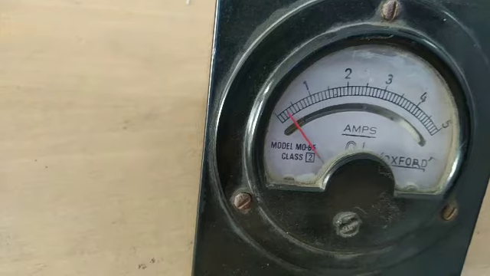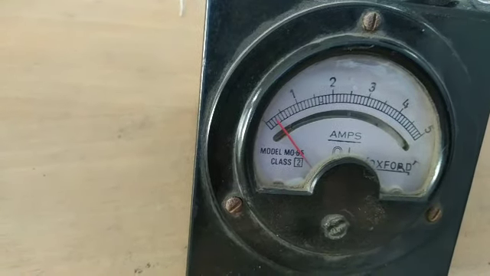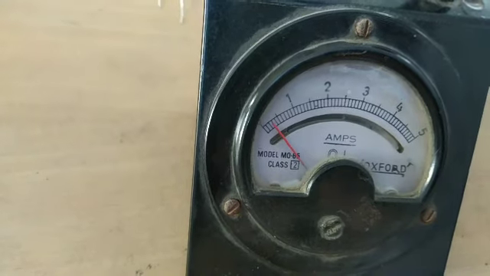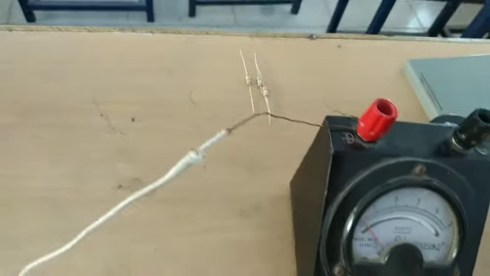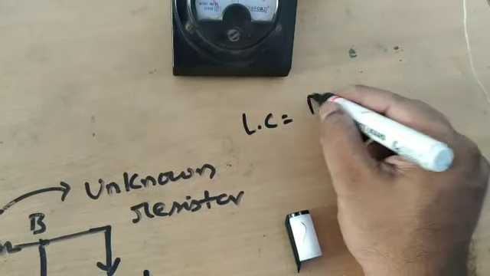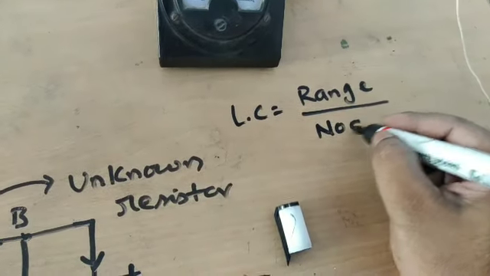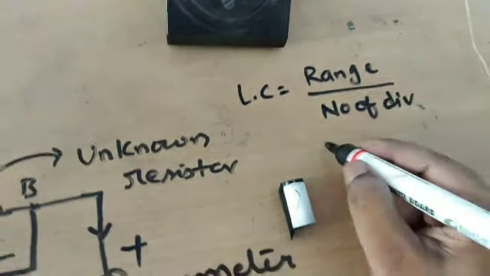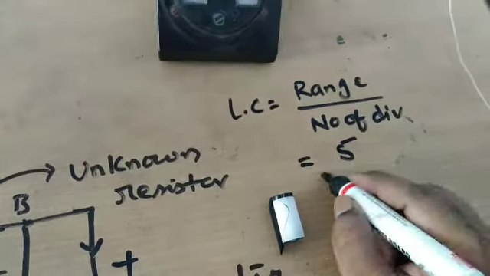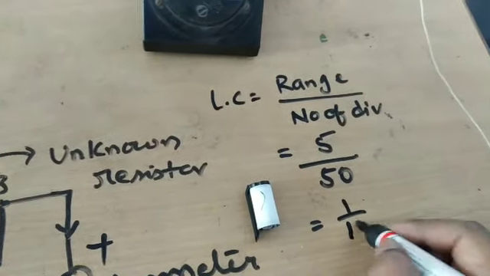So first we should know what is the least count of this ammeter. It has a total range of 5 and there are 50 equal divisions. So least count is equal to range by number of divisions, 5 divided by 50, which is equal to 1 by 10.